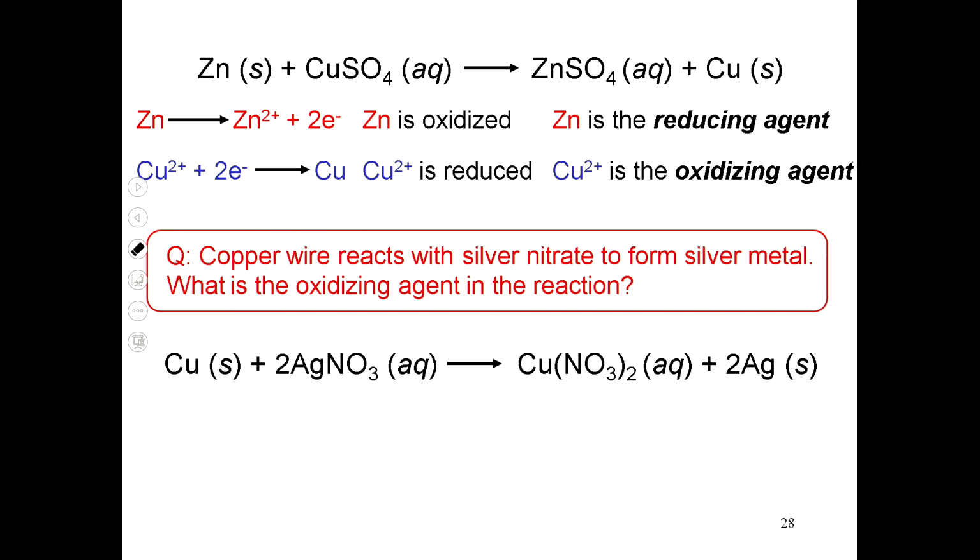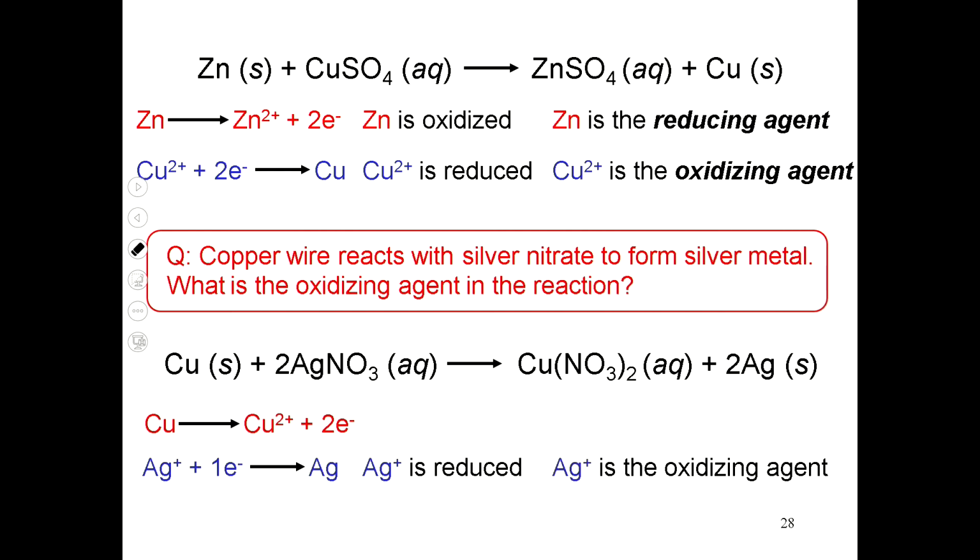So silver is the oxidizing agent. The copper loses electrons and the silver ion gets electrons. Okay, so any questions for this?